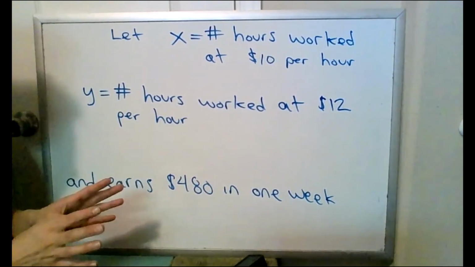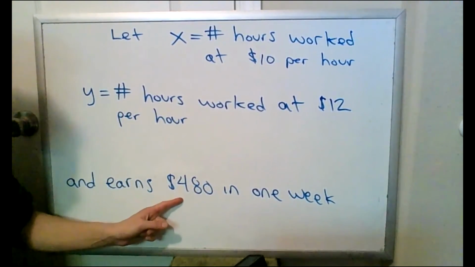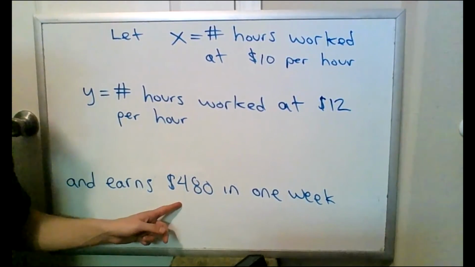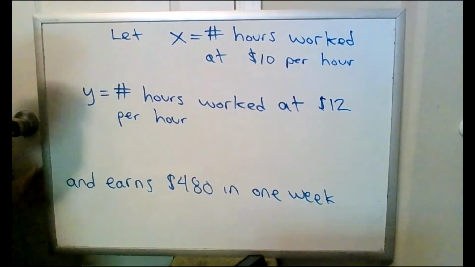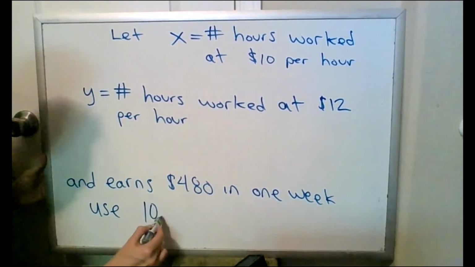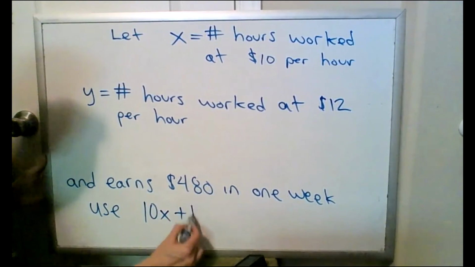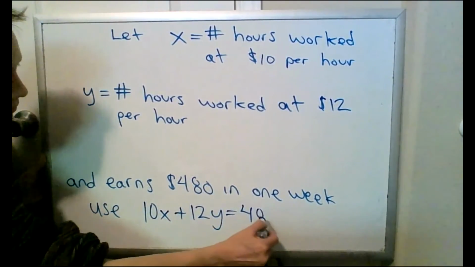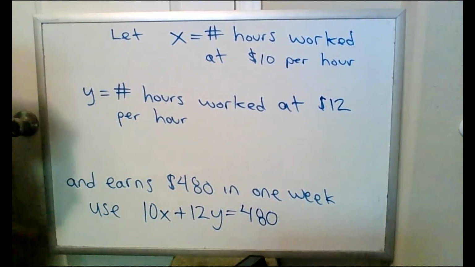Those two together total $480 in 1 week. So we want to take 10x, add 12y, and have it equal 480. And that's your equation.